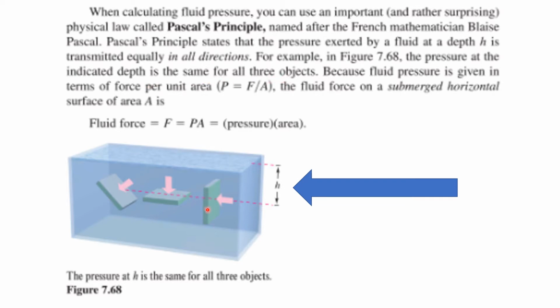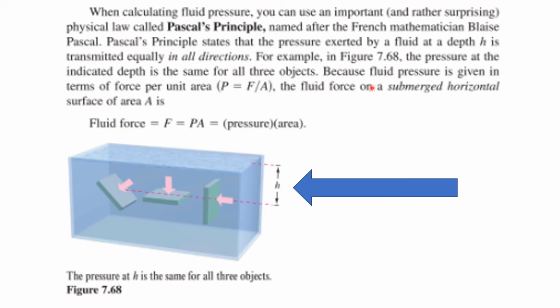So you see here you have a vertical one, you're at a depth h. The pressure happening there is the same as the pressure happening here, even though this is oriented differently, or this with a different orientation, the pressure is the same. So that's Pascal's principle. And so it's the same for all three of those. It depends only on the depth.